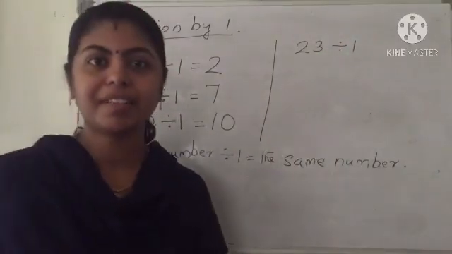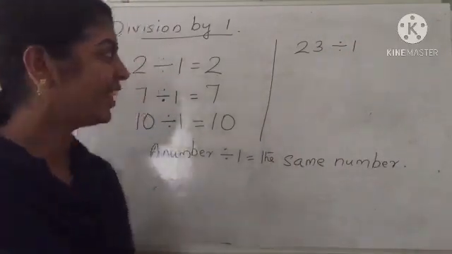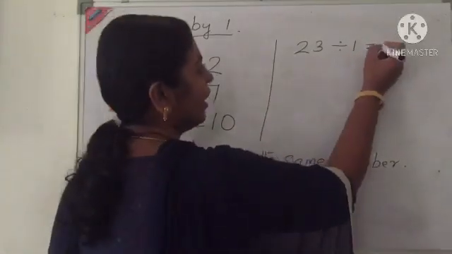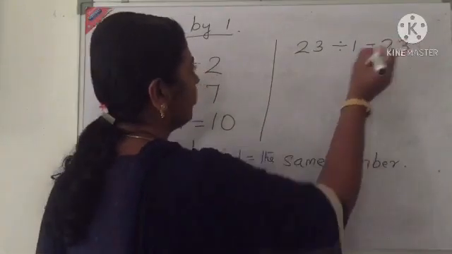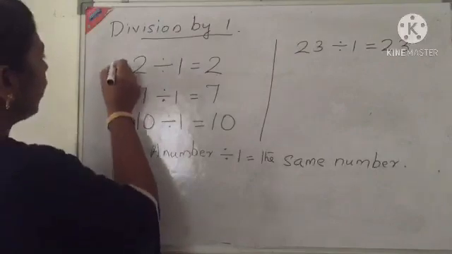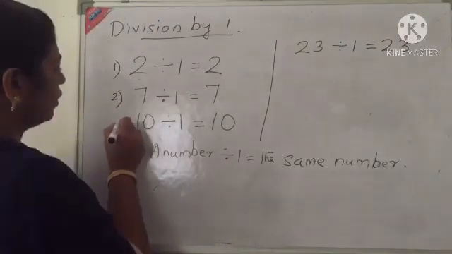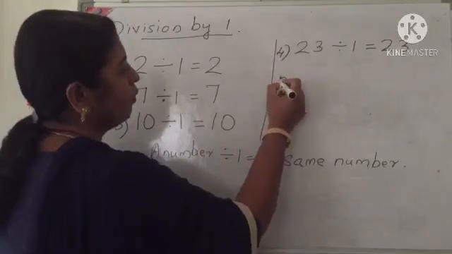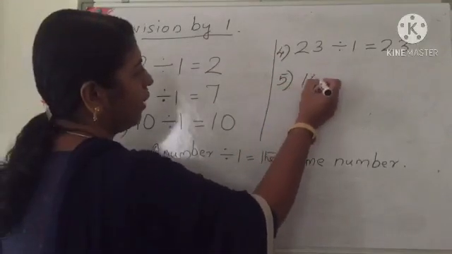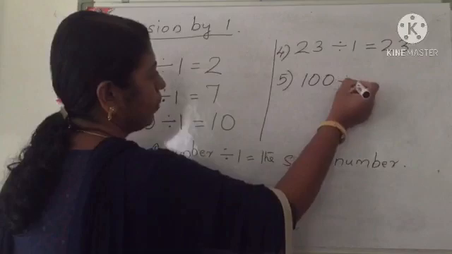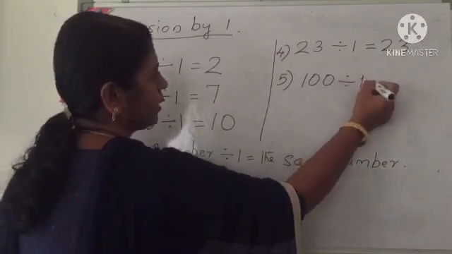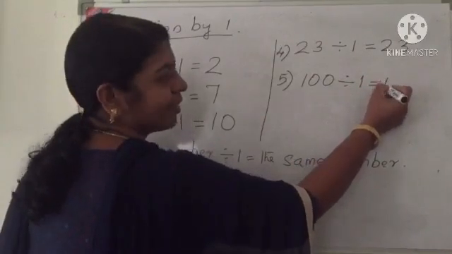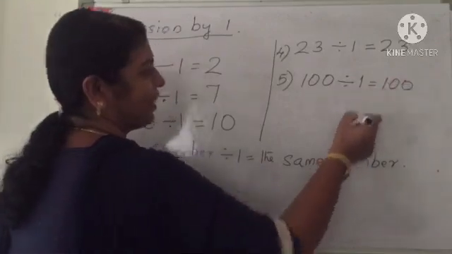Yeah, very good, it's 23. Now how many examples did we write? 1, 2, 3, 4. The fifth one is 100 divided by 1. It's equal to, yes, 100.